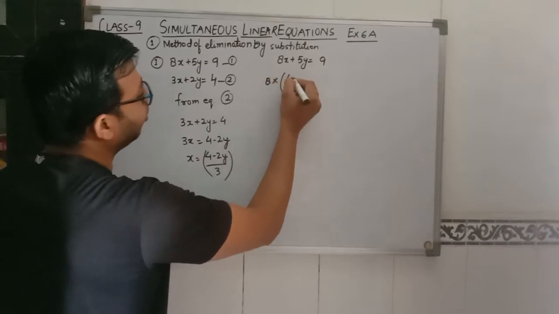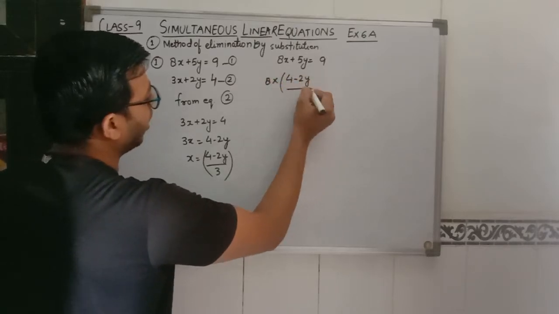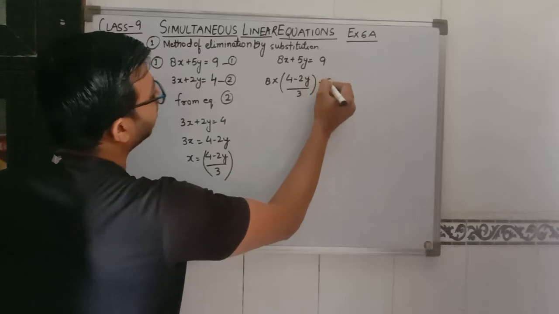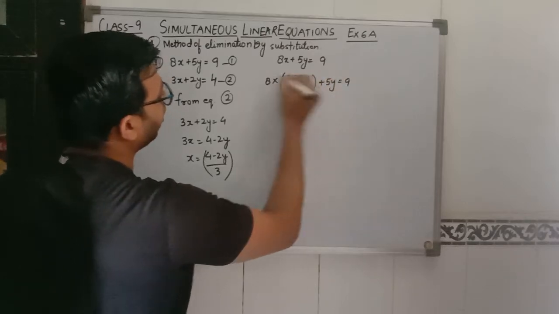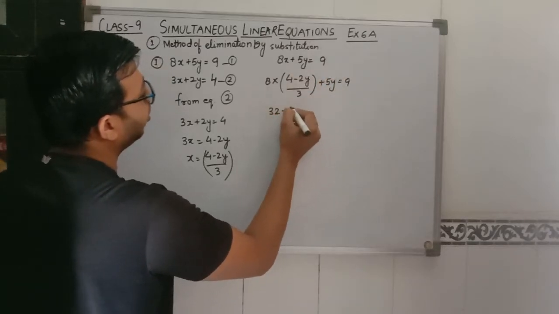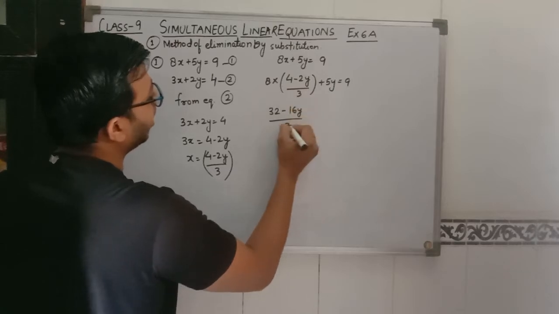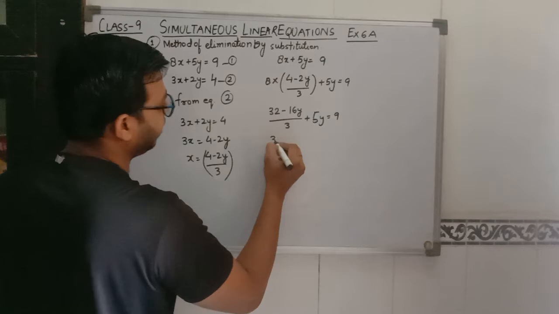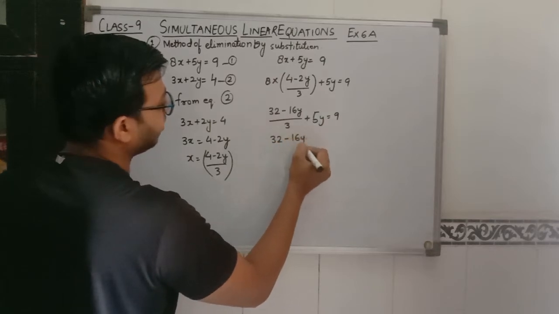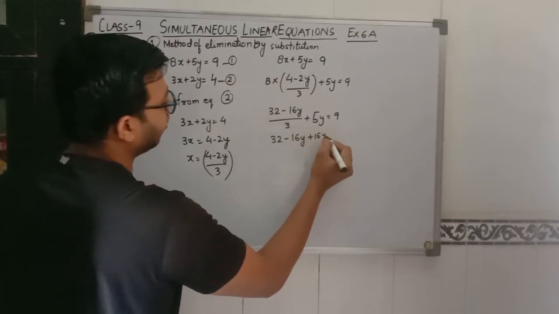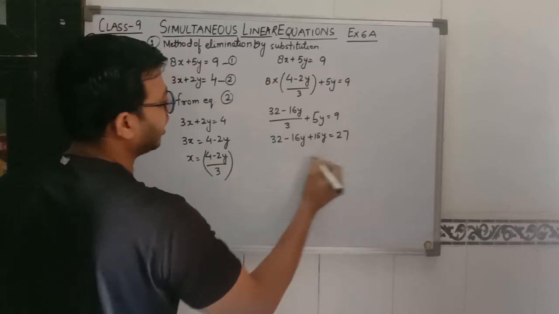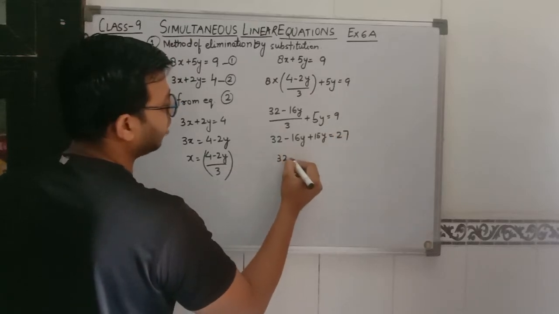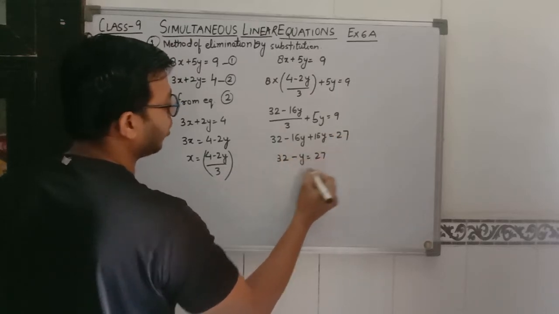So 8 into (4 minus 2y) upon 3 plus 5y is equal to 9. Now multiply it: 32 minus 16y upon 3 plus 5y is equal to 9. Now take LCM: 32 minus 16y plus 15y is equal to, cross multiplication, 3 nines are 27. It will become 32 minus y is equal to 27.